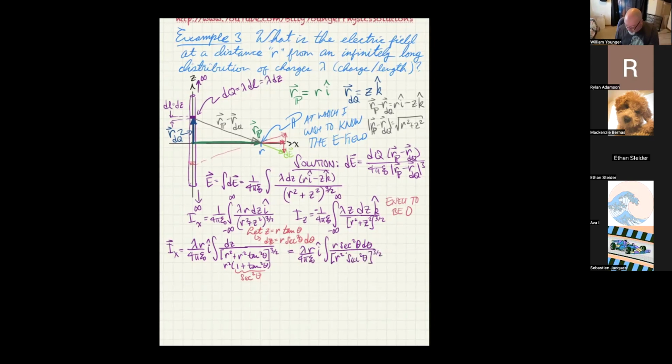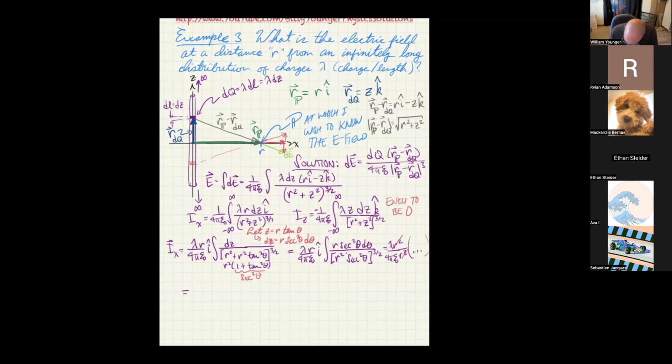So the r squared raised to the 3/2 becomes r cubed in the bottom, and we've already got an r up top. So it's going to be lambda r squared over 4 pi epsilon naught r cubed, times the integral. I don't have enough room, so I'm going to go to the next line. Notice the r squared cancels out with all but one of those.